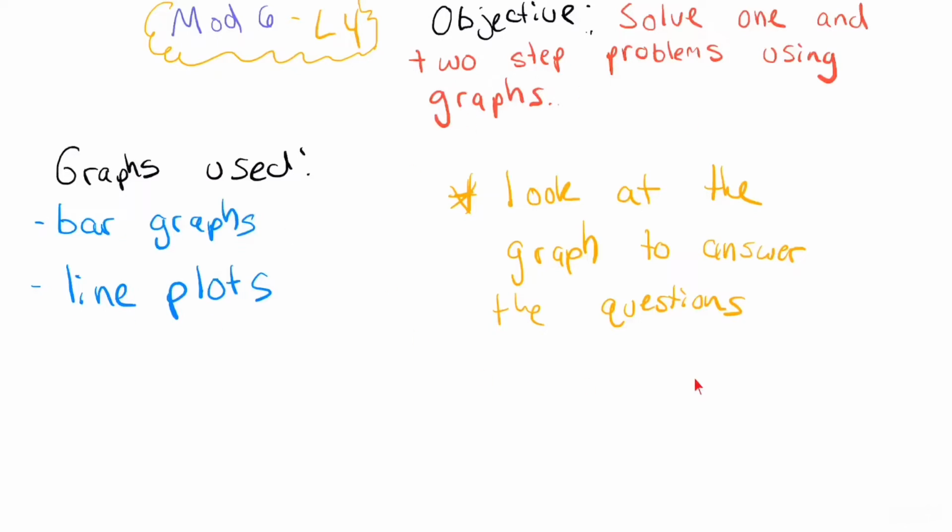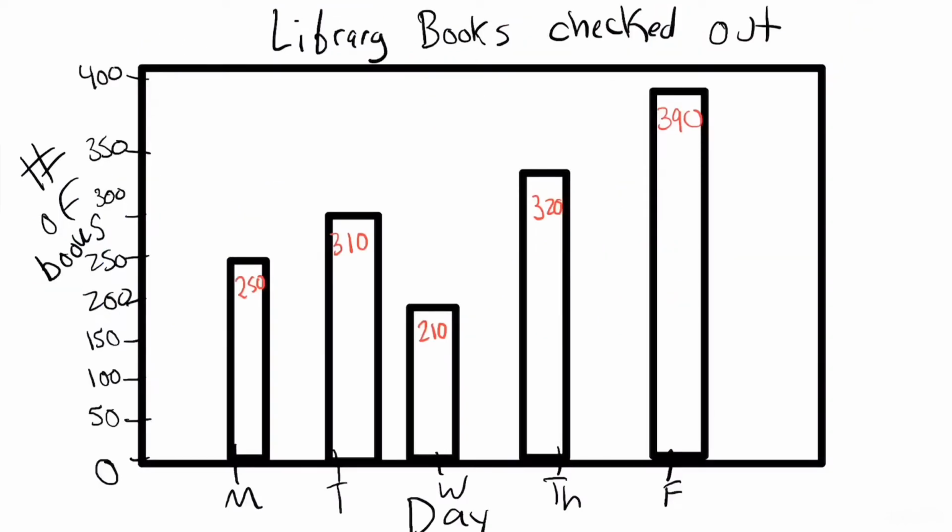So in this objective, what you're going to do today is look at the graph to answer the questions. So let's take a look at this graph today. So here we have library books checked out. Okay, that's the title.